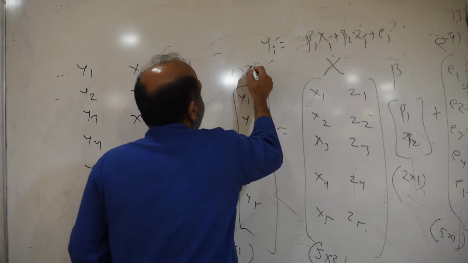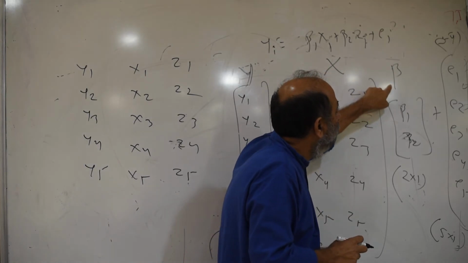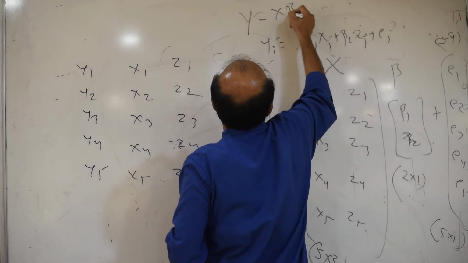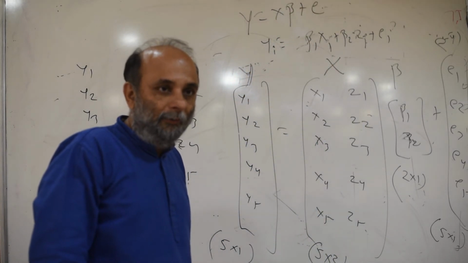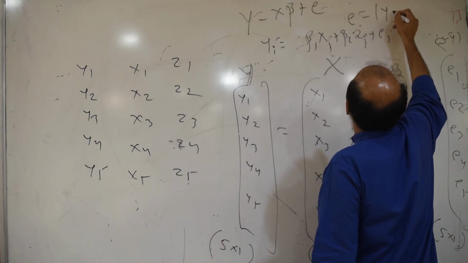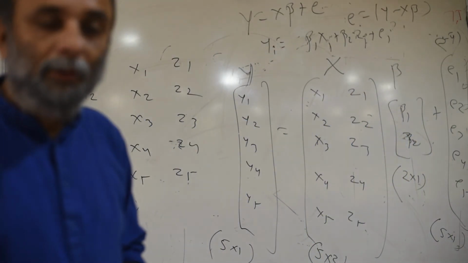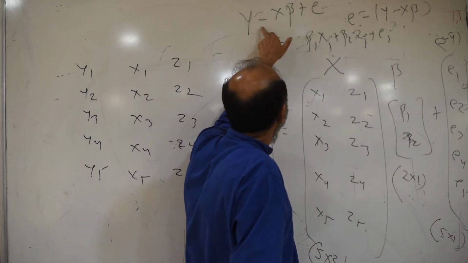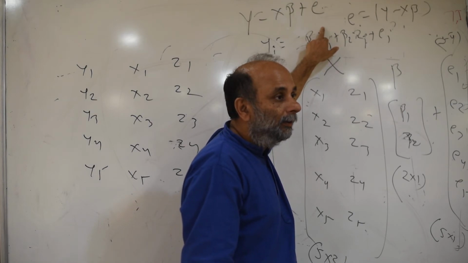Now, if I write this as capital X, this as a matrix beta, and this as E, then I get y is equal to x beta plus E. So I have E is equal to y minus x beta. How did you arrive at that step, Y is equal to x beta plus E?